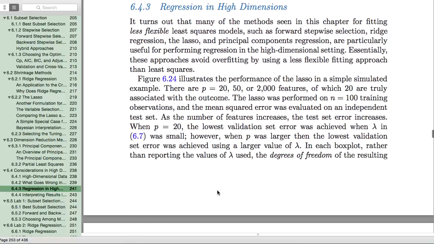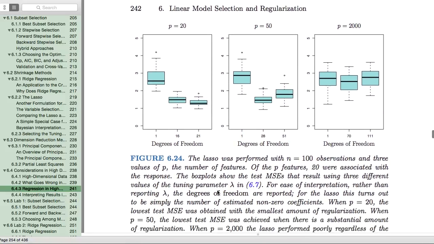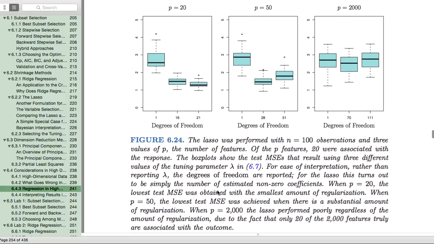Oh, and we also have to consider the curse of dimensionality. This picture illustrates the curse of dimensionality. So here is P20, P50, and P2000, and these plots of test MSEs show that they just get bigger and bigger.